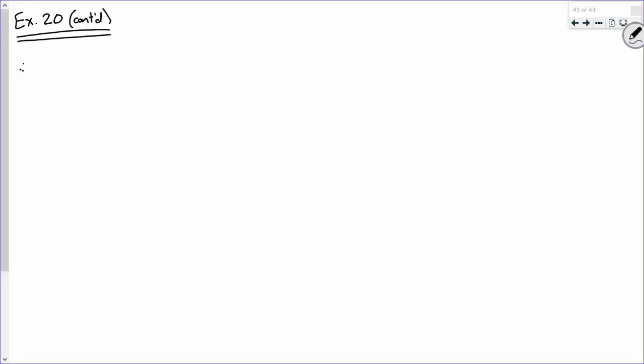Okay, so therefore, the deflection due to the live load is 5WL to the fourth over 384EI. We're going to use I sub x since we're bending about the strong axis. That's typically the way you bend beams anyway.